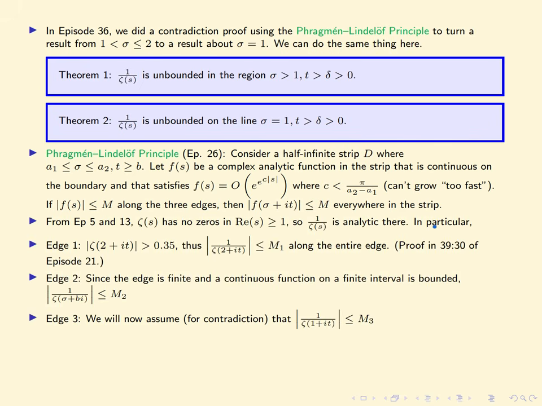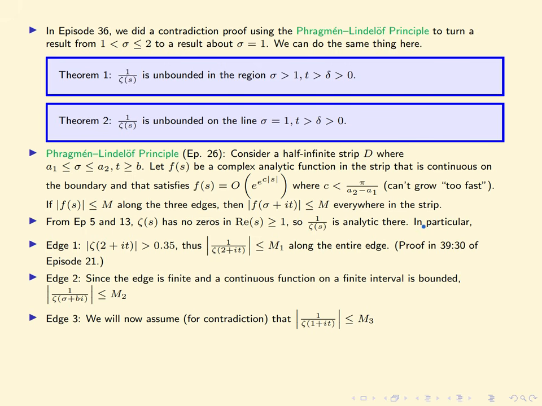And I'm going to write multiple bullet points at once now. From episodes 5 and 13, we know that zeta of s has no zeros in the region real part of s greater than or equal to 1. So therefore, 1 over zeta of s is an analytic function, since the reciprocal of an analytic function with no zeros is also analytic here.